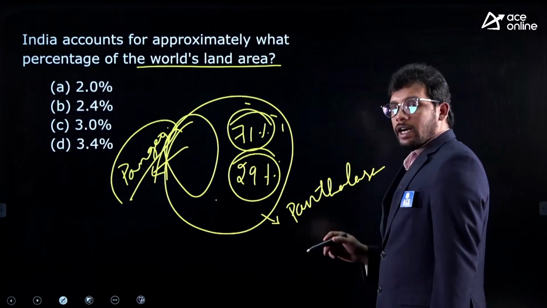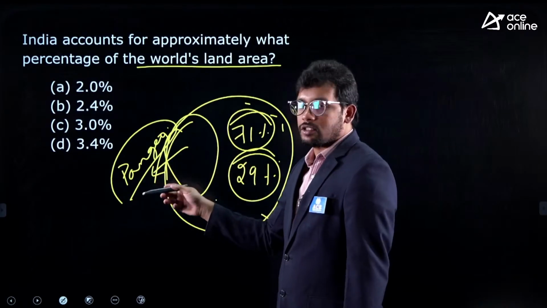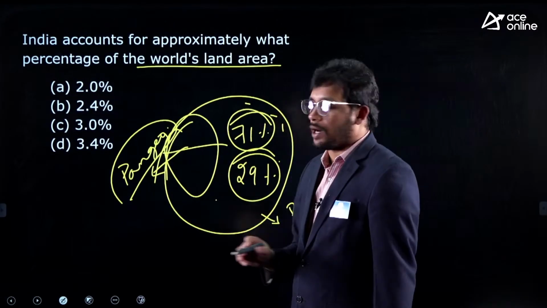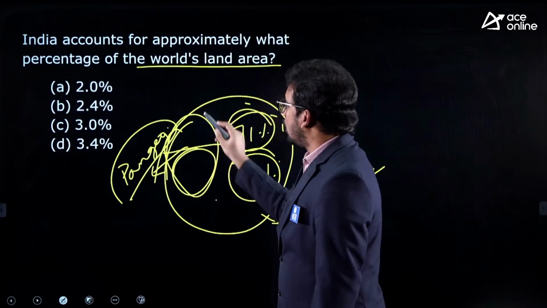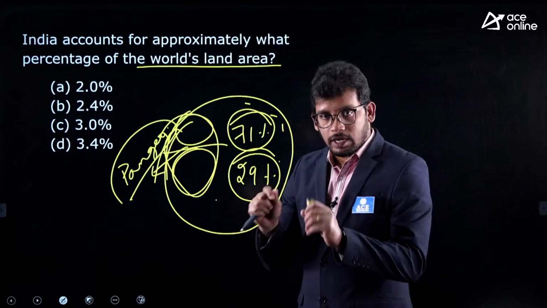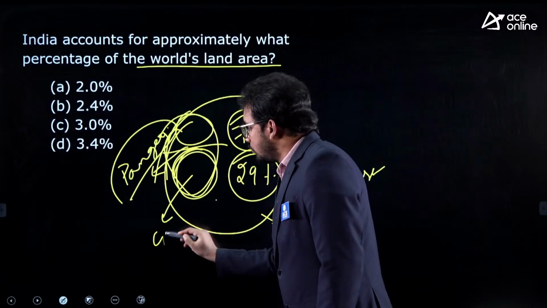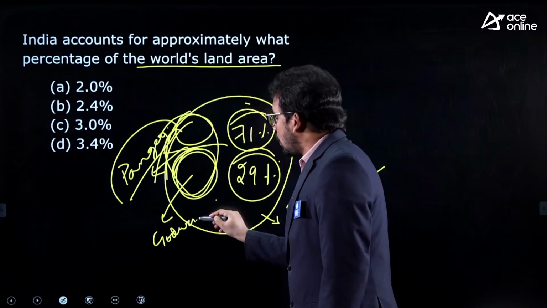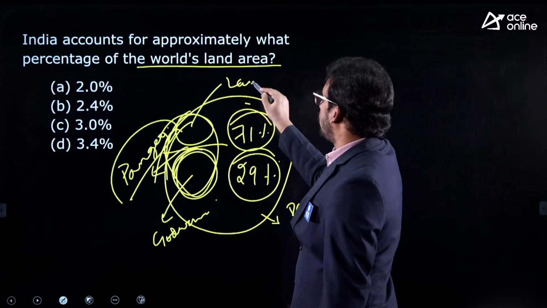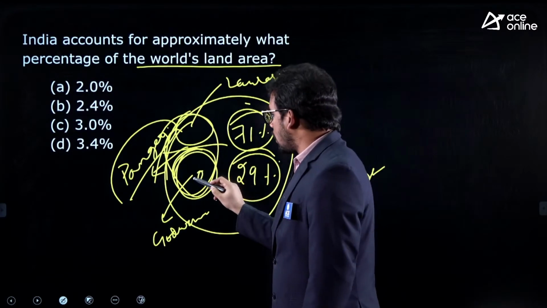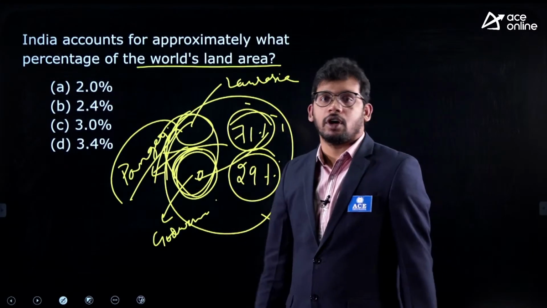After some billions of years, this landmass was divided into two parts, Gondwana and Laurasia. India is part of Gondwana, slowly moved, and it moved towards the northern hemisphere.